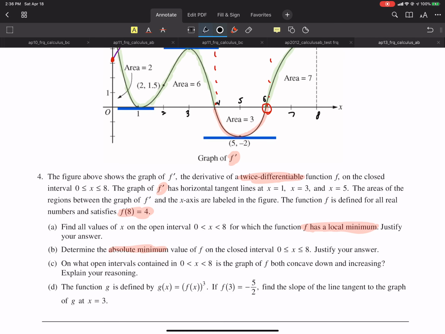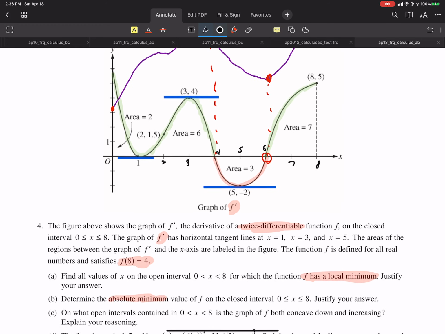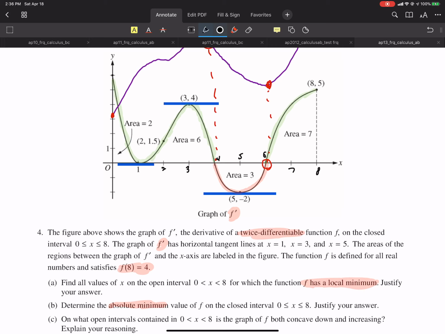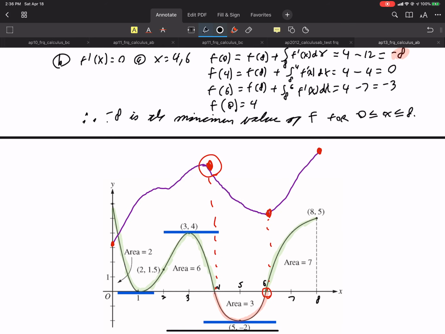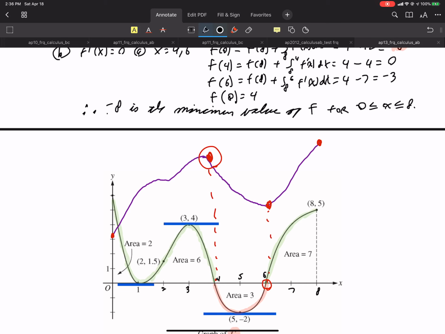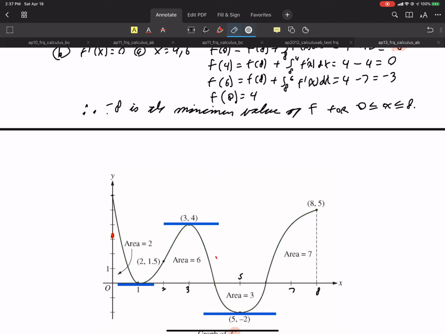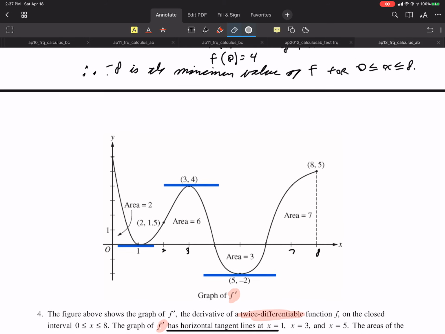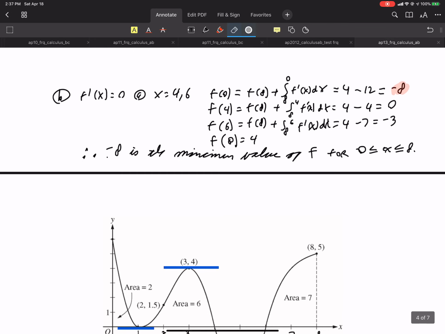C. On what open interval contained in 0 to 8 is the graph both concave down and increasing? Okay, we can do this. I want to do this on top, so let me erase all this. I probably shouldn't have erased all of that, but it's okay. I wish I had a way to erase all this faster.